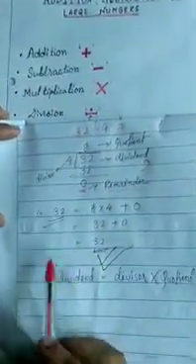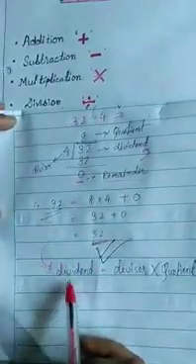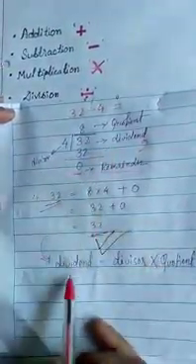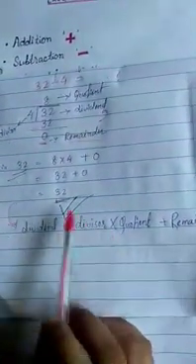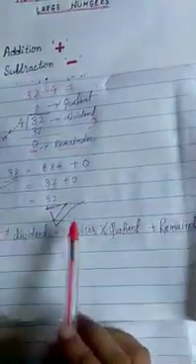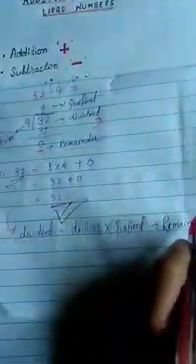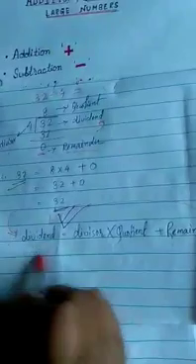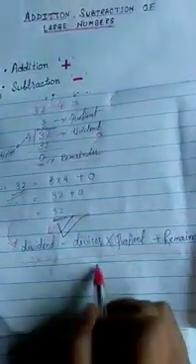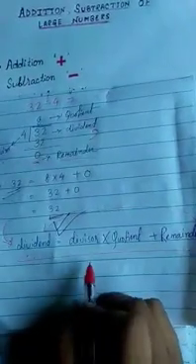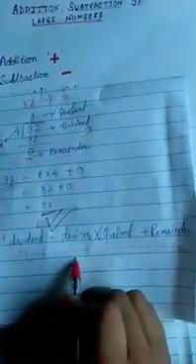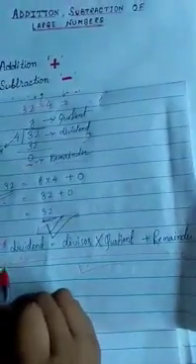So now we can write like this: dividend is equal to divisor into quotient, or you can write quotient into divisor plus remainder, then you will get the same dividend. Alright students, so this way you can check your division, whether it is all right or not. You can check the division using this formula also.